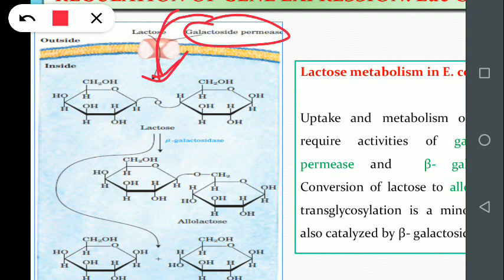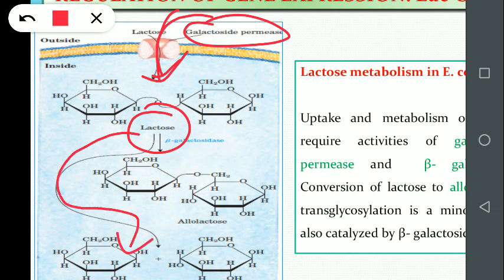Okay, so that is why lactose is hydrolyzed to form glucose and galactose. So the enzyme involved in this breakdown is the beta galactosidase.